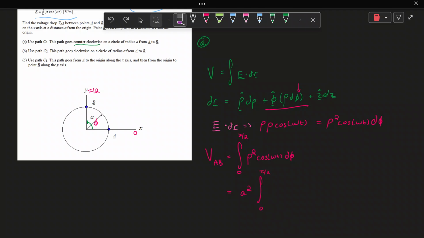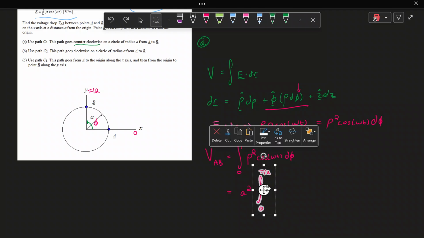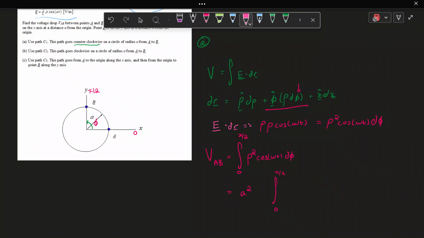So let's also move that outside. What are we left with? Just d phi, and that means we have pi over 2, right? So we have pi over 2 times a squared cosine omega t volts. That is our voltage drop from A to B going in the counterclockwise direction.